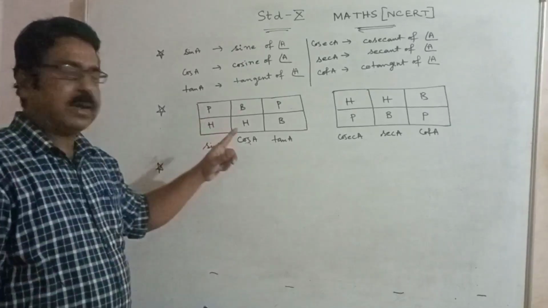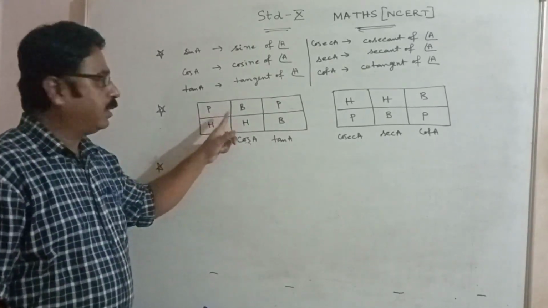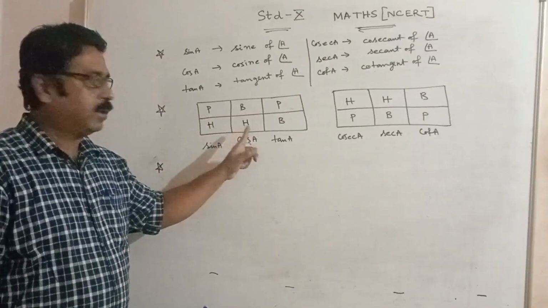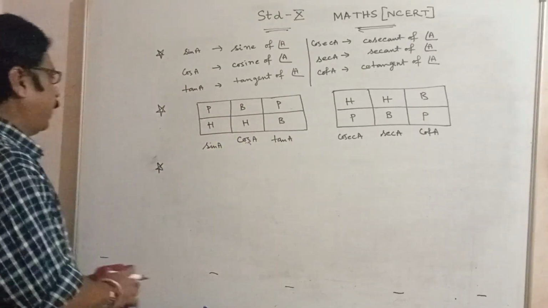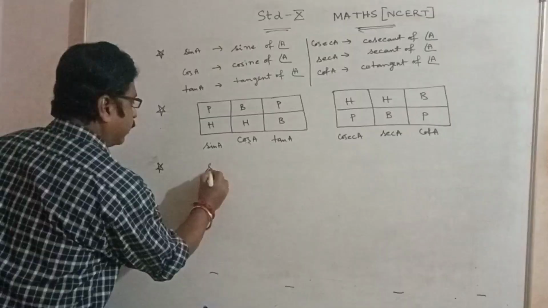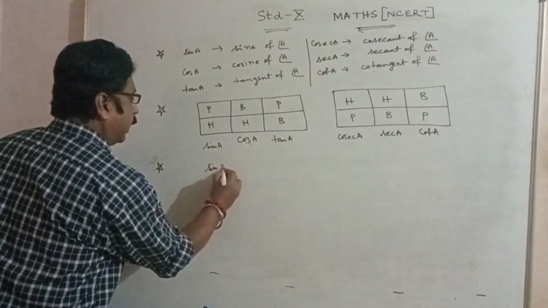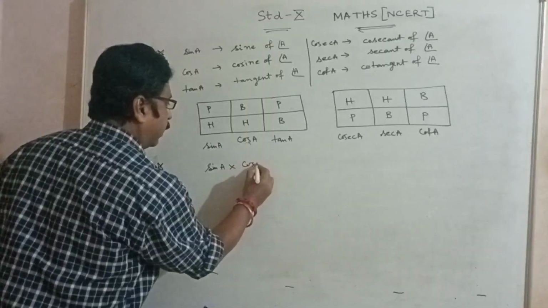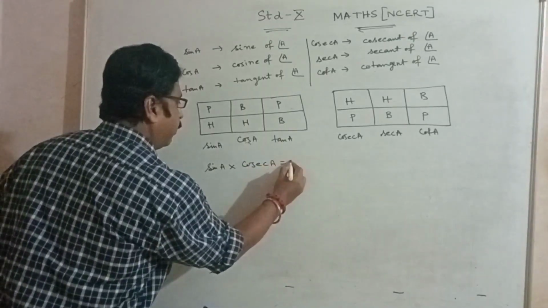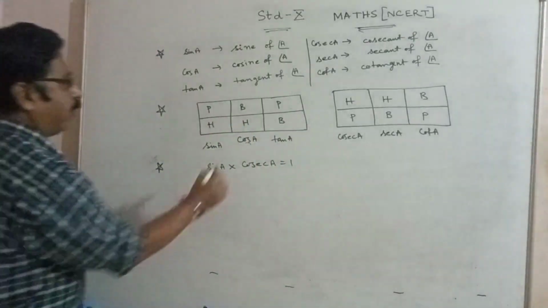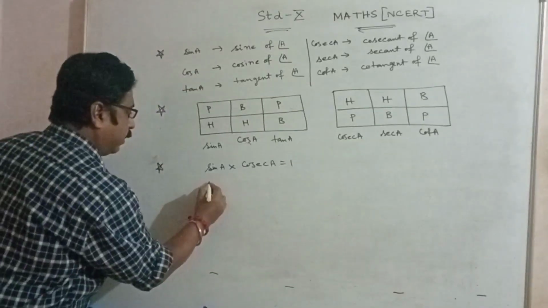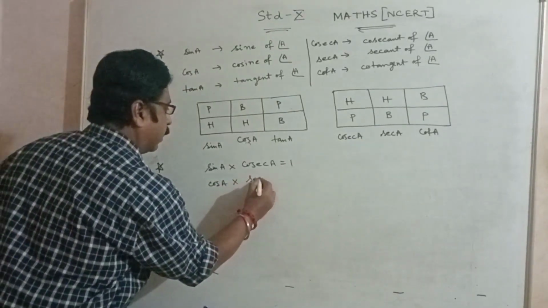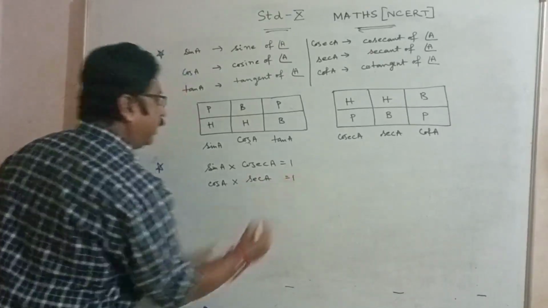If you forget this thing, you can remember like this way. Pandit Badri Prasad Har Har Bole. Sin A into cosec A is equal to 1. Cos A into sec A is equal to 1.